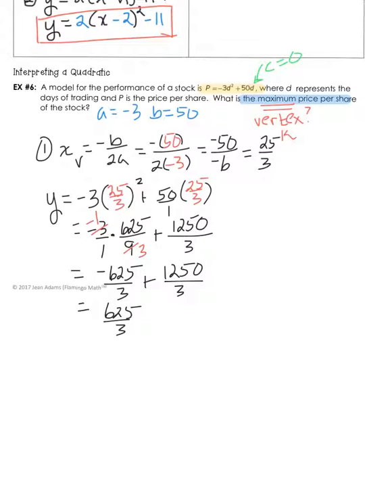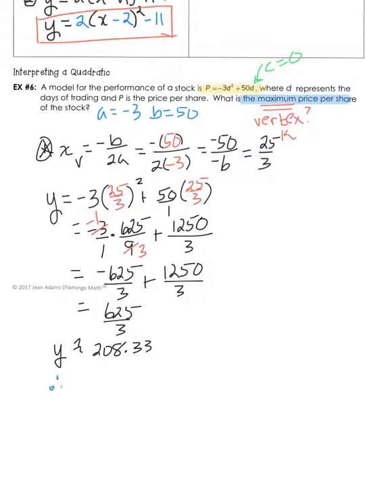So when you divide that, y is going to, because remember, y is our price, and so price is in money. So money isn't normally as a fraction. So I'm going to divide 625 by 3, and I get approximately $208.33. So since that's the y value of my vertex, we can write a therefore statement.